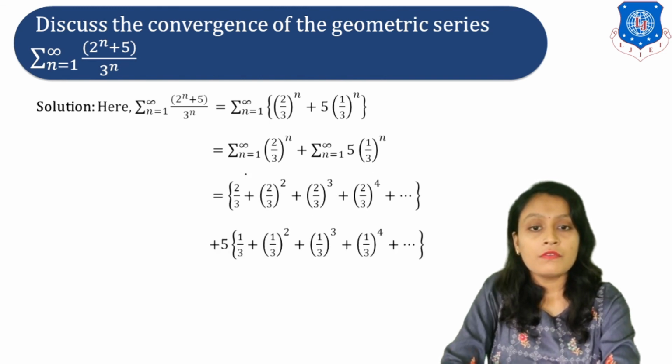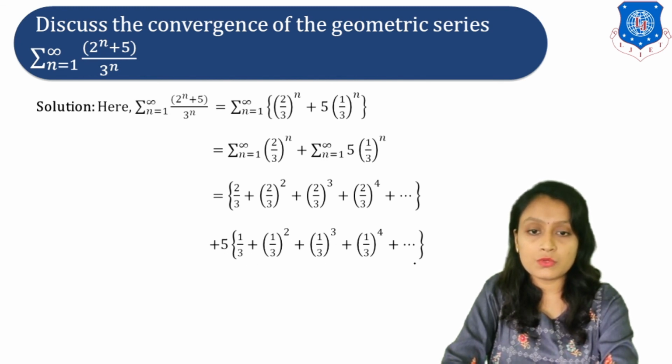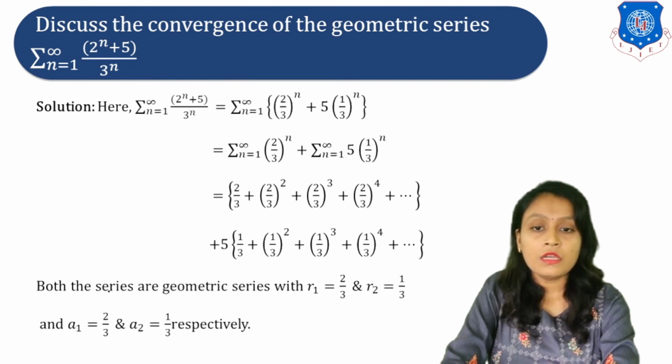Next, we will write this by substituting n is equal to 1, 2, 3 and so on. So you will get 2 by 3 plus (2 by 3) square plus (2 by 3) whole cube and so on. And similarly here also, so you will get 1 by 3 plus (1 by 3) square plus (1 by 3) cube and so on. Okay. Now both the series are geometric series.